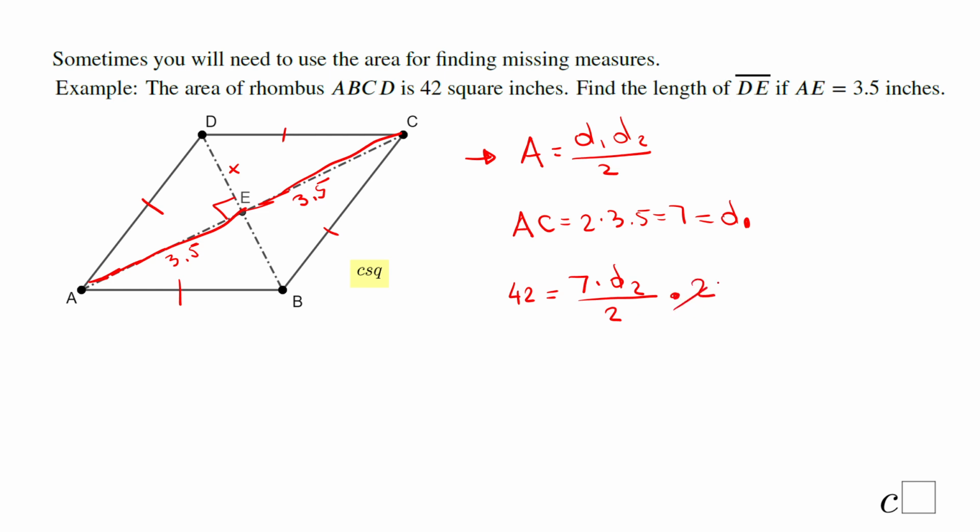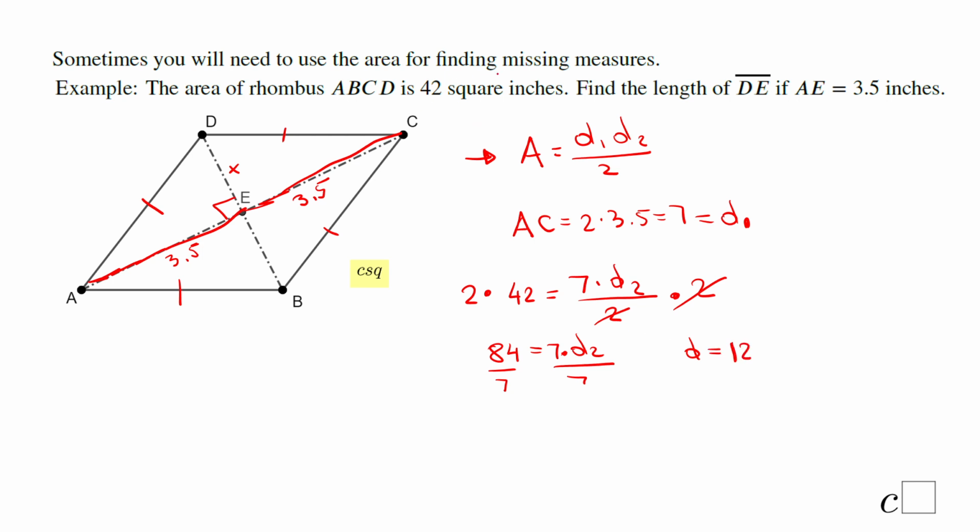Multiply by 2, I will say that's the easiest way. Don't forget to do the same thing on the other side. So we have 84 equals 7 times D2, and divide by 7. The second diagonal in this case will be 12.